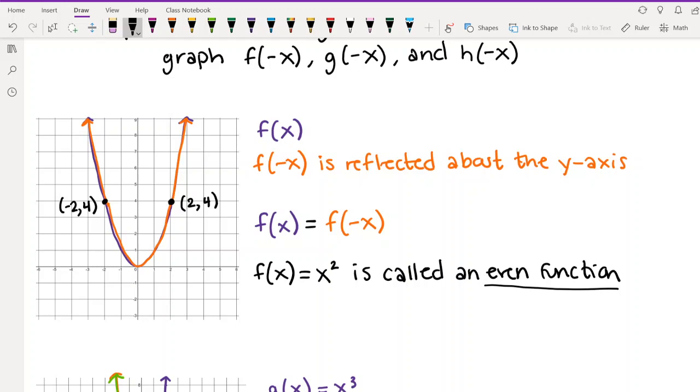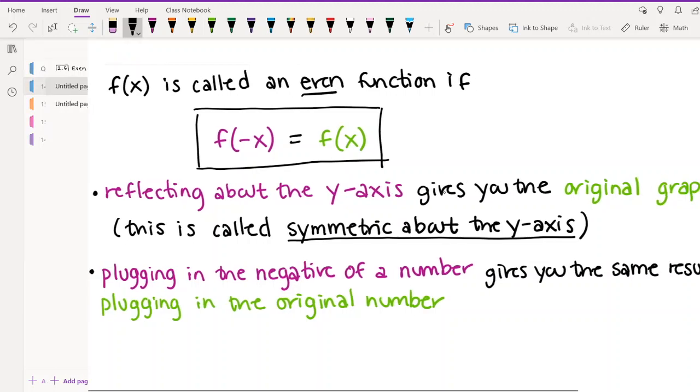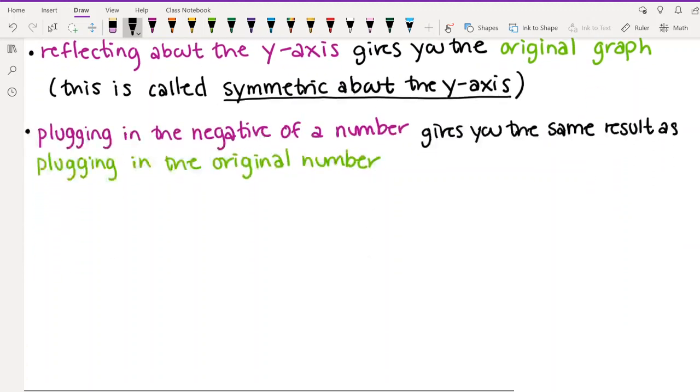And hopefully you can understand why that's equivalent to the symmetry idea. If you have two points that are equidistant from the y-axis and at the same height, and you have those kinds of points all along, that's going to give you a graph that is symmetric about the y-axis.